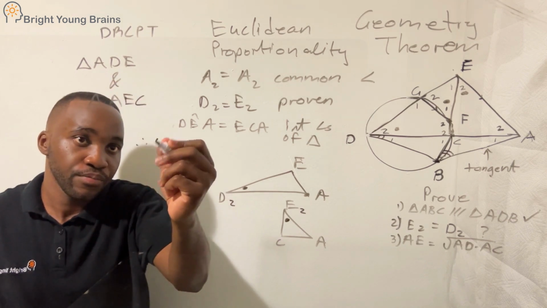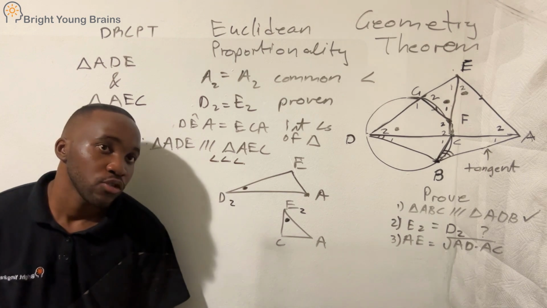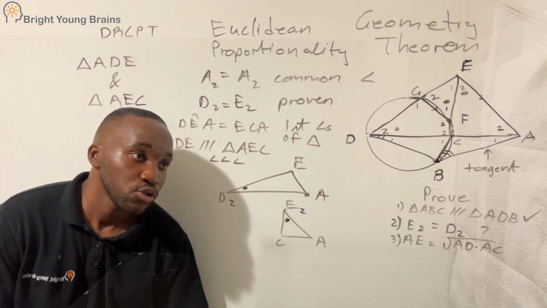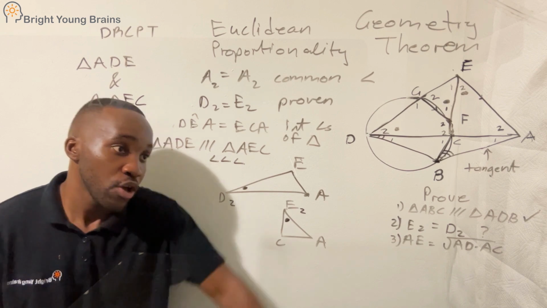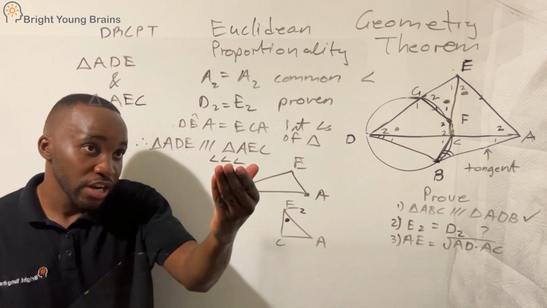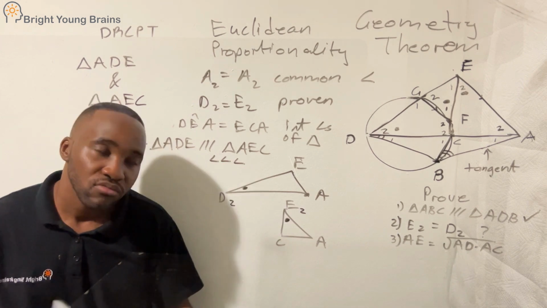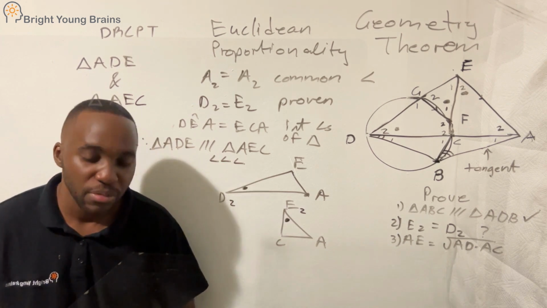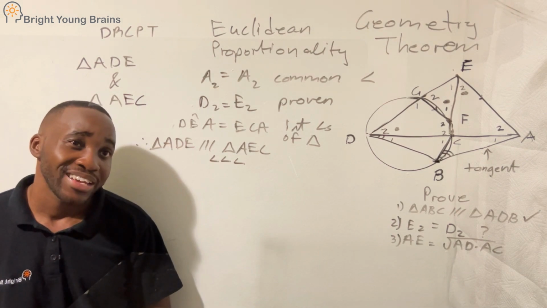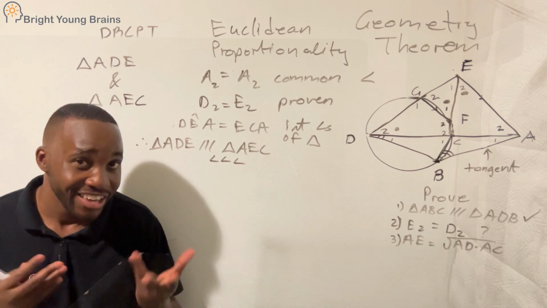So here we have written that those two triangles are similar because we have shown that three angles are equal to each other. And that's how we are about to end up with this expression over there. Because as long as you can end up with this, you're almost 60% done with your question, maybe even 70. Since we've proven that these are similar, we're able to write out a few proportionality expressions.